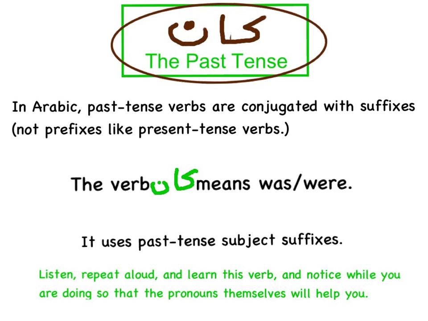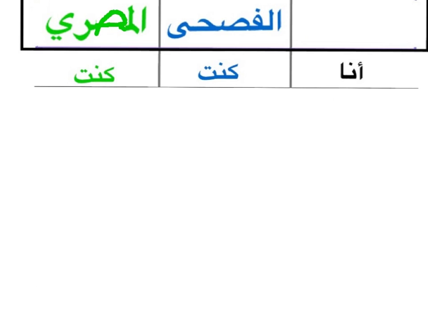So next, we're going to look at a chart of all the conjugations of Kaana in Egyptian and in Fusha. So pay attention to the pronouns that come with each form, as they will help you to remember the conjugations better, and try to follow along and repeat out loud with us. So with أنا, the pronoun for I, we say أنا كنت, with a dhamma.